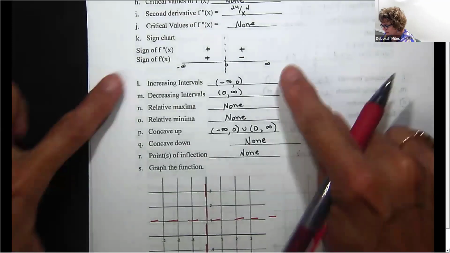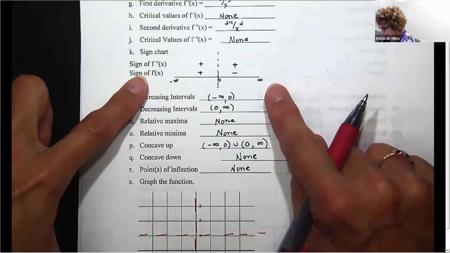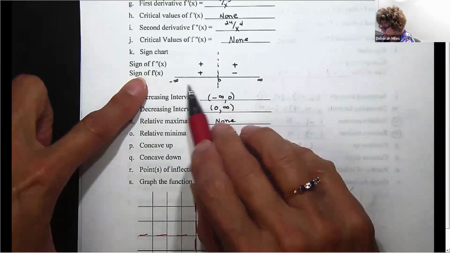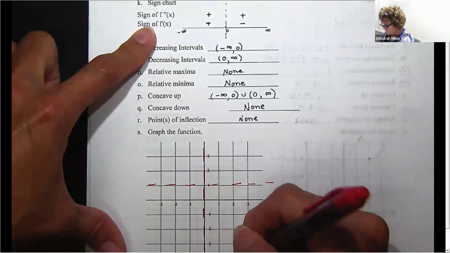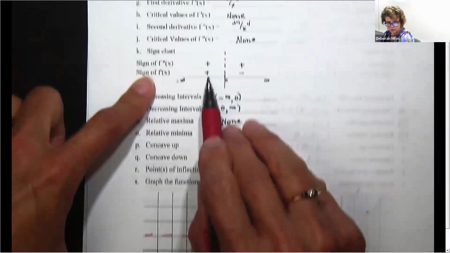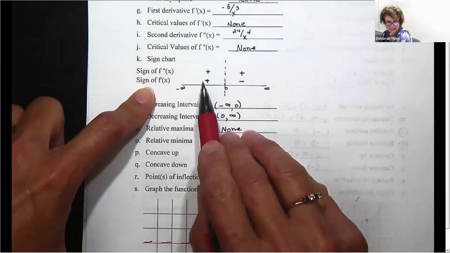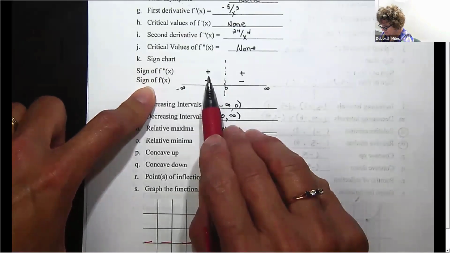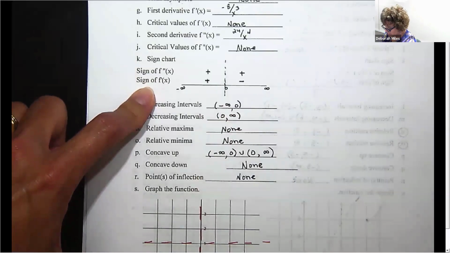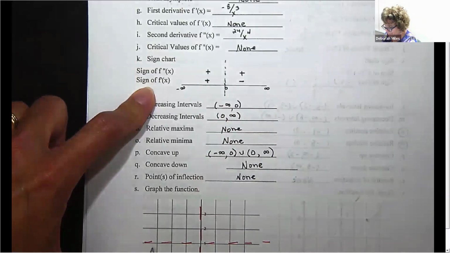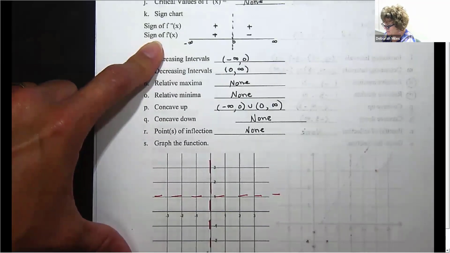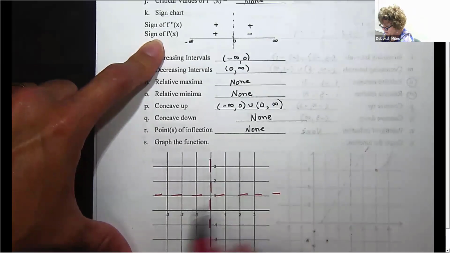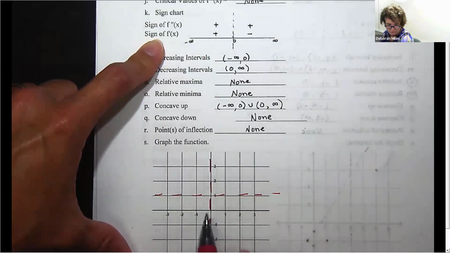Now I'm going to look at my sign chart. To the left of that vertical asymptote at 0, the function's supposed to be increasing and concave up. Could that possibly be below the horizontal asymptote? That would be decreasing and concave down, and there would also have to be an x-intercept.